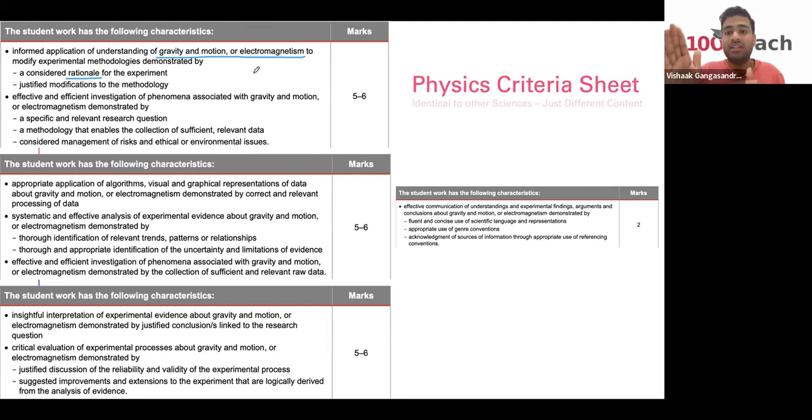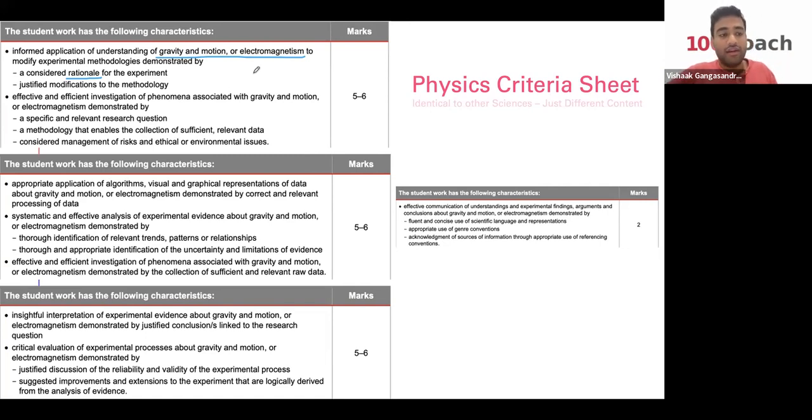We thought that this additional variable was negligible, one that we haven't even considered. So that's why we modified the experiment, so we actually considered this additional variable. That's what you would write. You don't have to give all the apparatus and the specific methodology. You just state what you did originally and what you're changing and what new variables you're introducing.